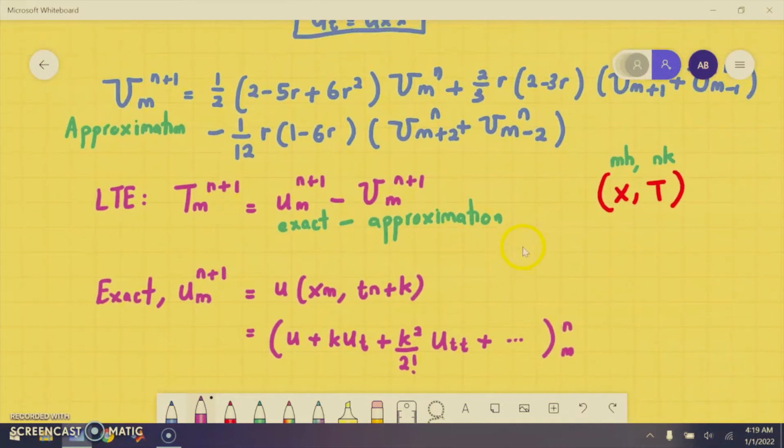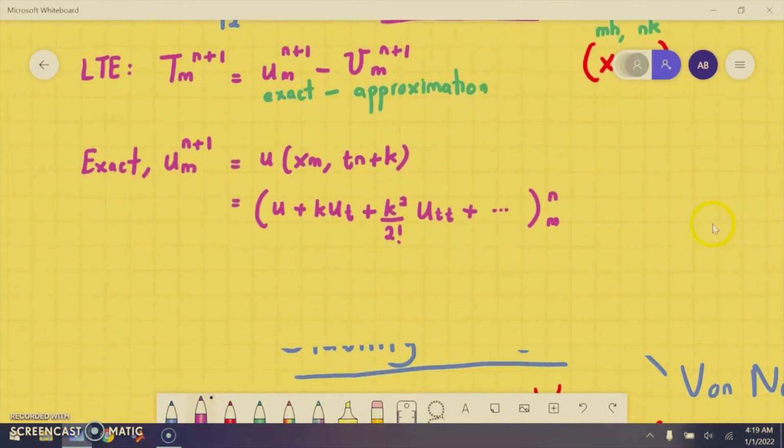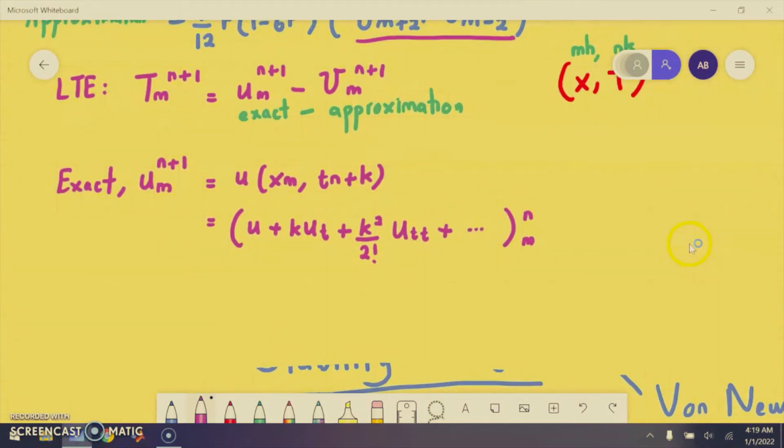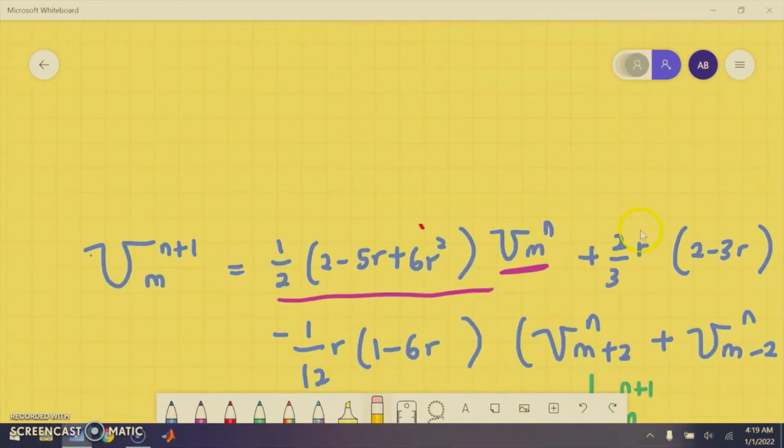For the approximation, what we've got to do is find the Taylor series expansion for m plus 1, m minus 1, m plus 2, and m minus 2. So let's do that. Looks like my whiteboard is not clear, so I'll just erase it.